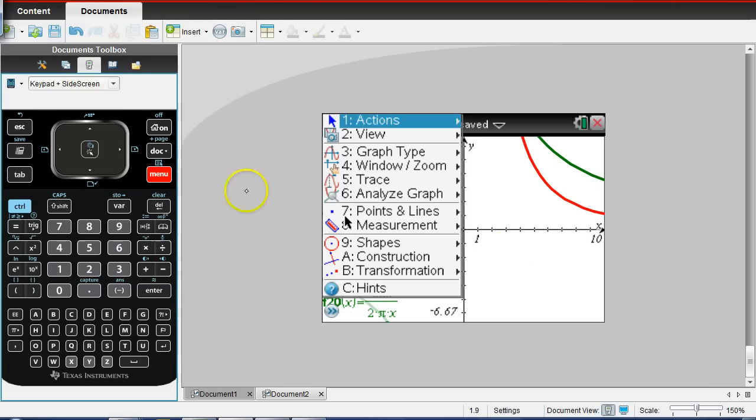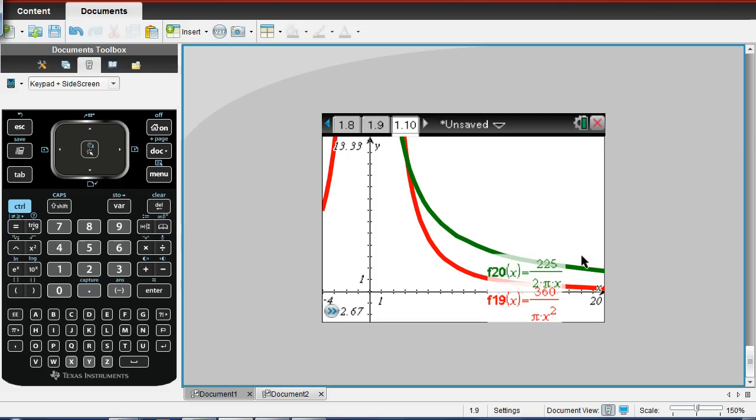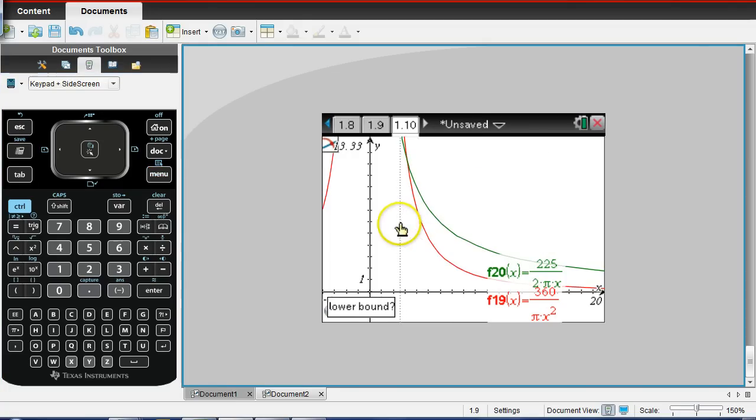So if you go to menu and zoom, we have an option that says to zoom in quadrant 1, which is what I'm going to do here. So now if I zoom in quadrant 1, now I can see where my intersection point is. It's up here. So now I can go to menu, analyze a graph. We want to find the intersection. Drag to the left of those, hit enter. Drag to the right, hit enter again.